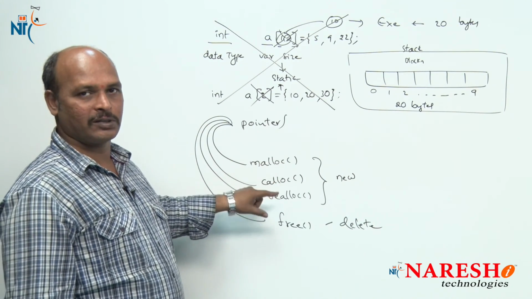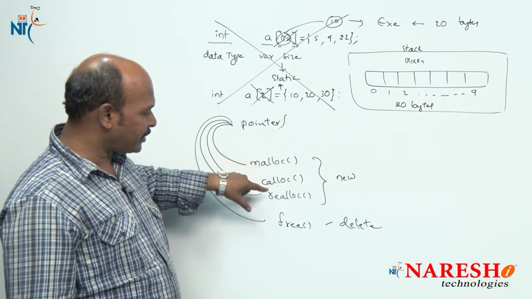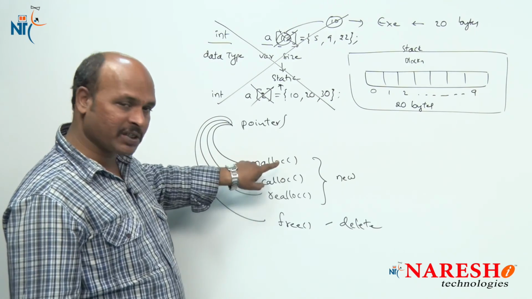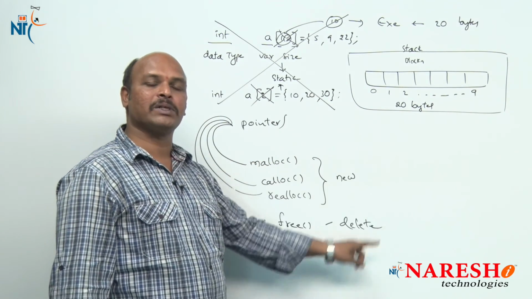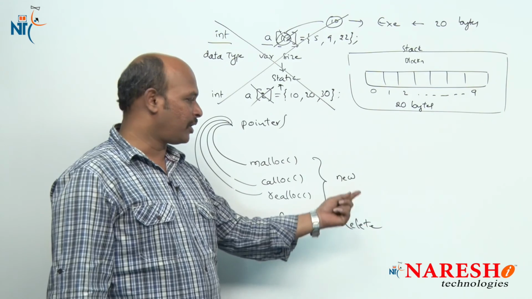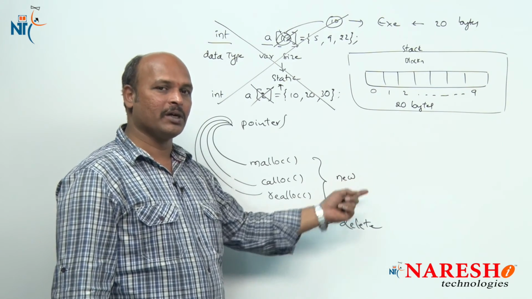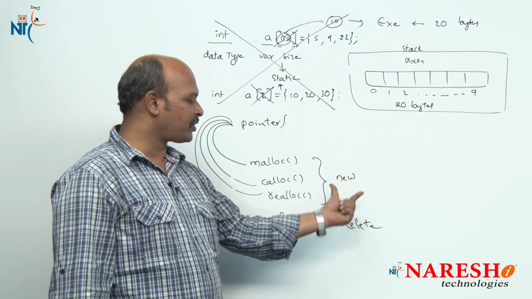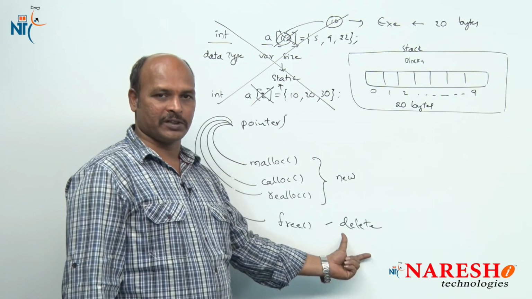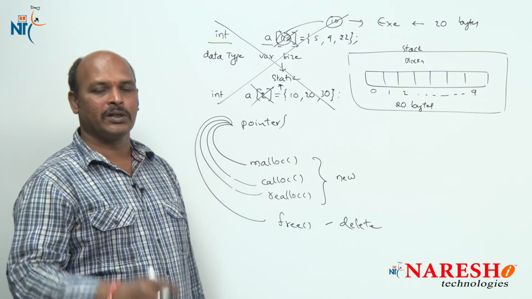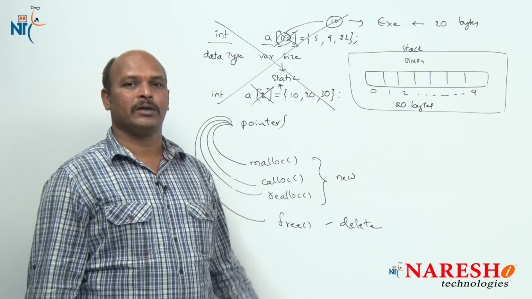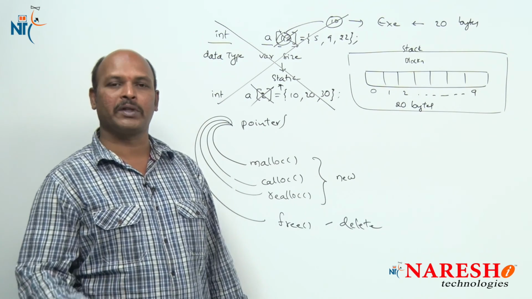In C we use functions, and in C++ we use operators. New and delete operators are used for memory allocation and deallocation. In the next session I will explain how the new and delete operators work with an example.